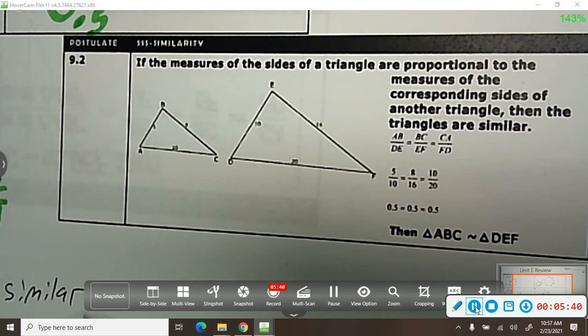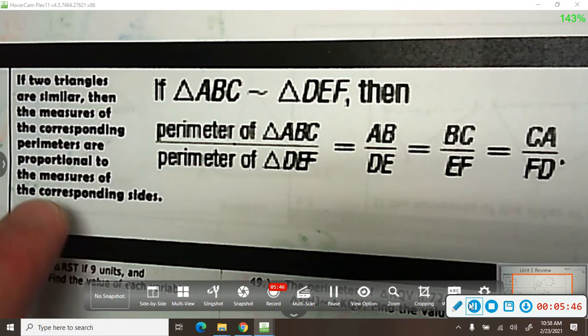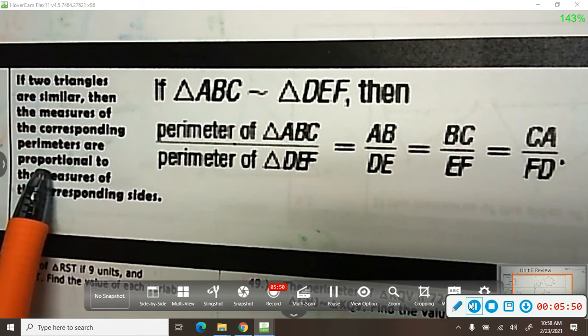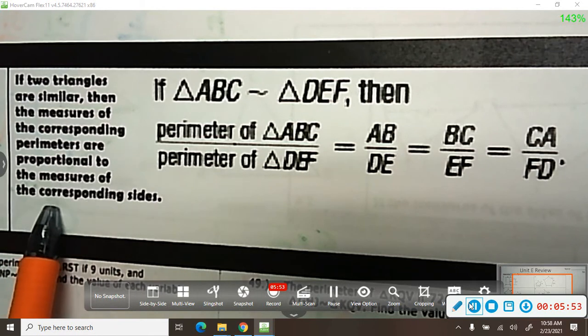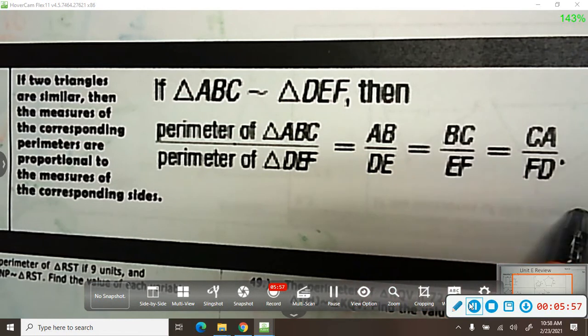See that? Another theorem says if two triangles are similar, then the measure of their corresponding perimeters are also proportional to the measures of the corresponding sides. So not only are the sides proportional, but so are the perimeters, and we're going to use that in the next problem.